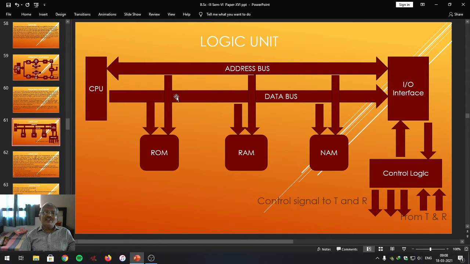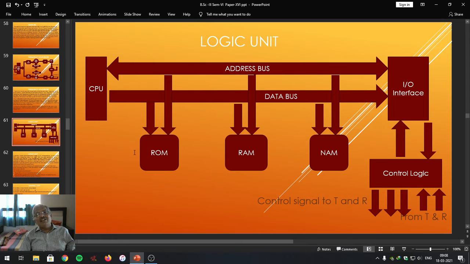These address bus and data bus are connected to different maybe memory units, which are helped to store almost all data and some secret codes associated with the mobile. Those units we can call as the ROM, that is read-only memory.